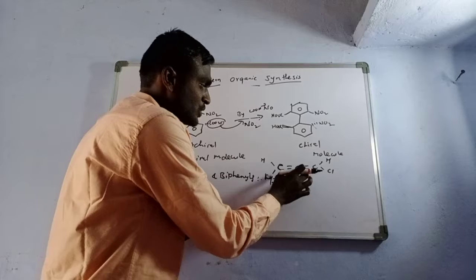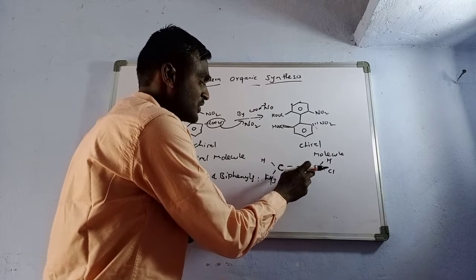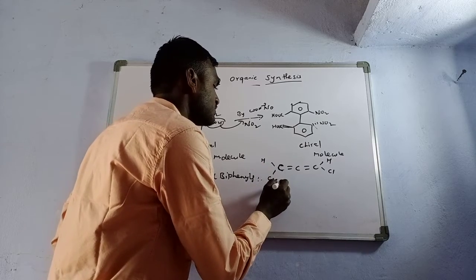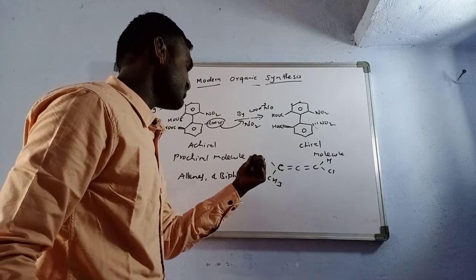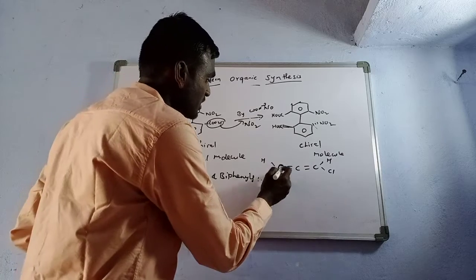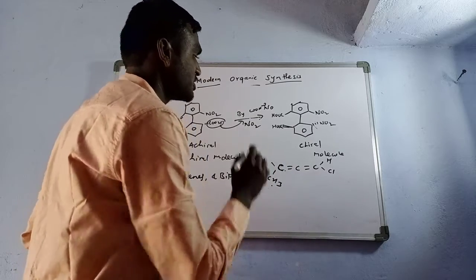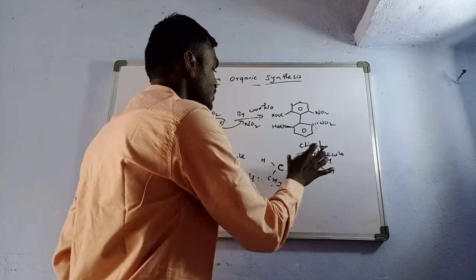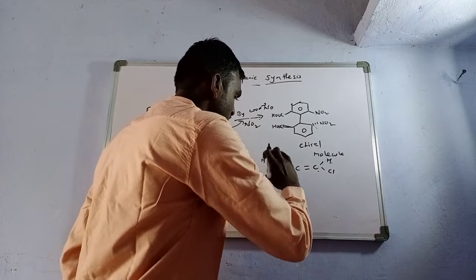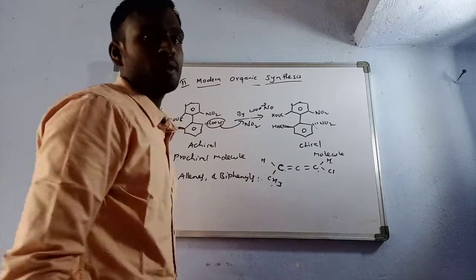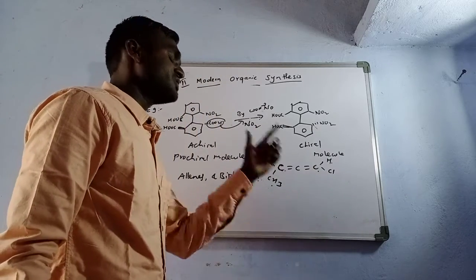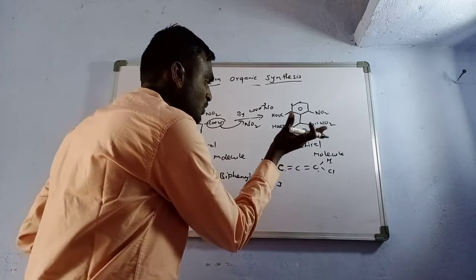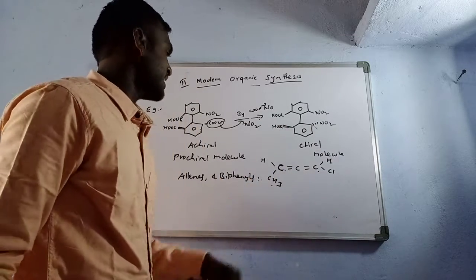In order to make this molecule chiral, the substitutions must be different. So this carbon will have one hydrogen and one CH3 group, and this carbon will have one hydrogen and one halogen. Due to these different substitutions there is an absence of a plane. Whenever a plane is present, the molecule becomes achiral. So there is no plane, that's why it is a chiral molecule.